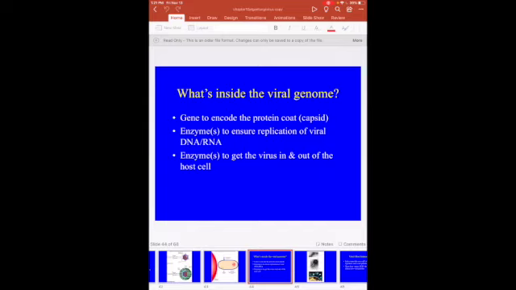I did want to go over what's inside the viral genome, meaning what genes does a virus bring with it? So when a virus infects a bacterial cell, and this is our T4 bacteriophage, it's got a little piece of DNA in there, or RNA in the case of some viruses, but in this case it's DNA. But what genes are in here? And what proteins do these genes encode?